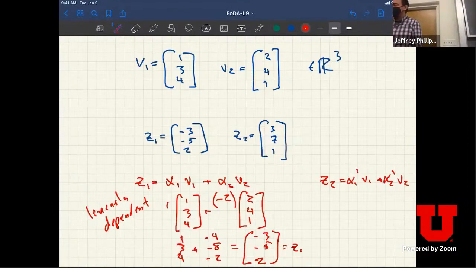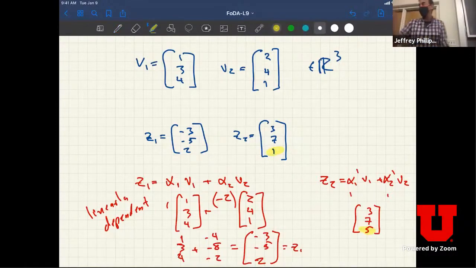Consider what happens if you just pick 1 for both alpha 1 and alpha 2. Let's try that. So 1 plus 2, I'm going to get 3, then 7. That's looking pretty good so far. Oh, wait, 5. This 5 is not the right thing here.